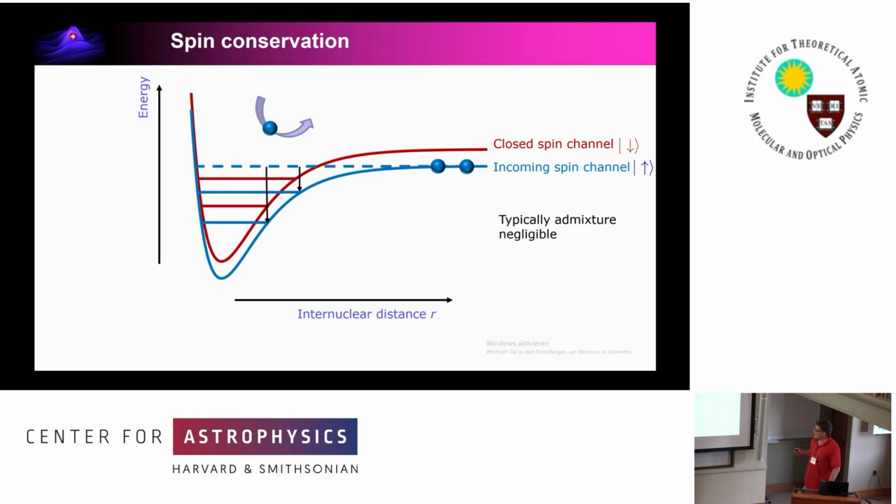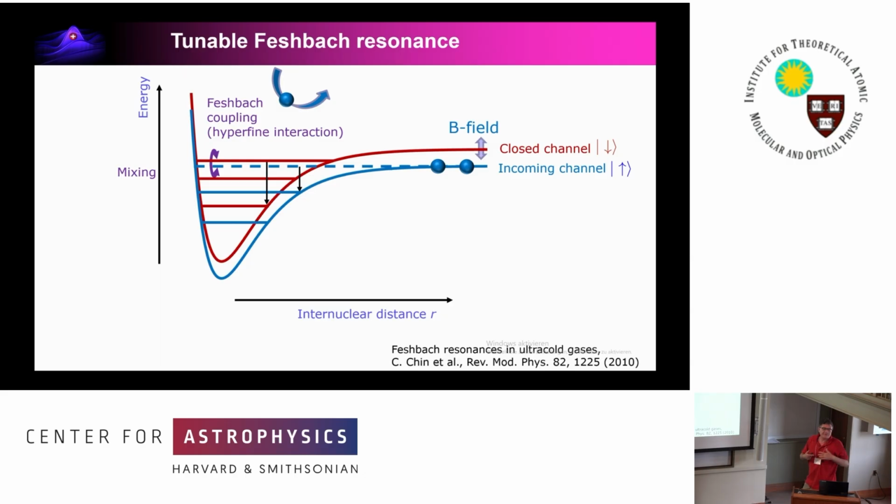But now, let's say, what happens if we have a Feshbach resonance? So we have now a red level here, in this closed channel, this red channel, and it's very close to the incoming channel here. And then, because of spin exchange interaction, there will be now mixing between the red level and the blue level. So now the scattering level down here, it actually gets a little bit of an admixture of the red level.